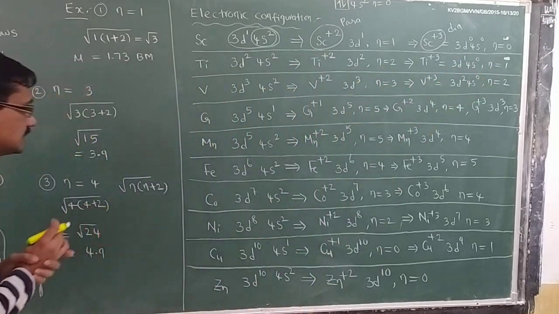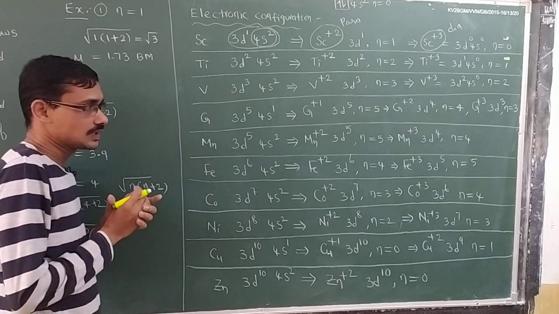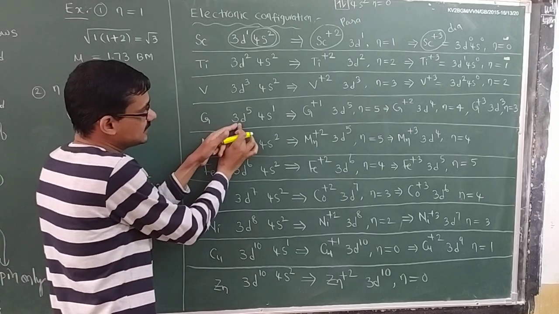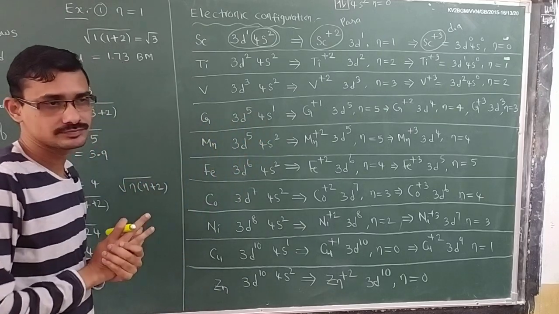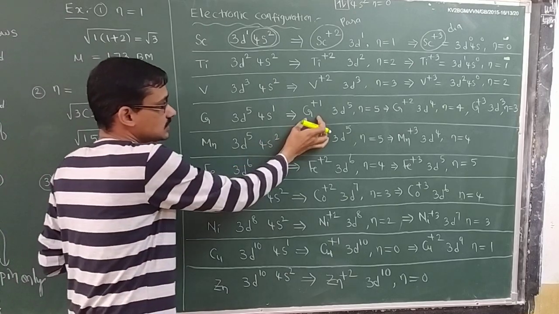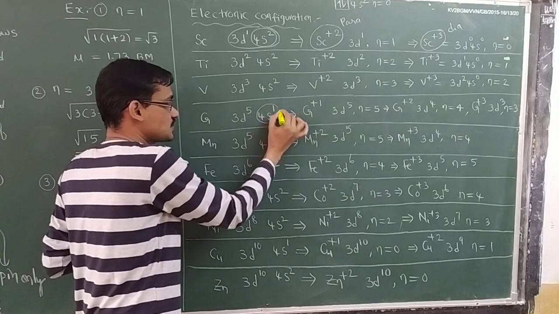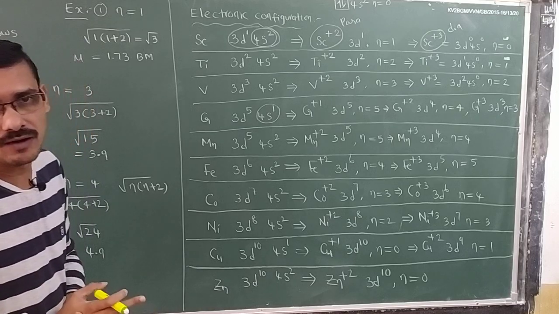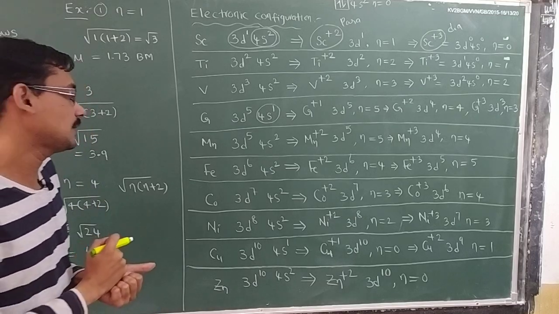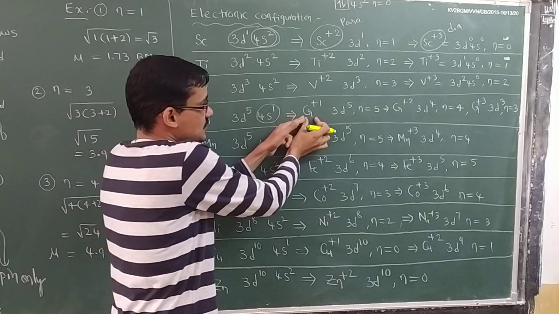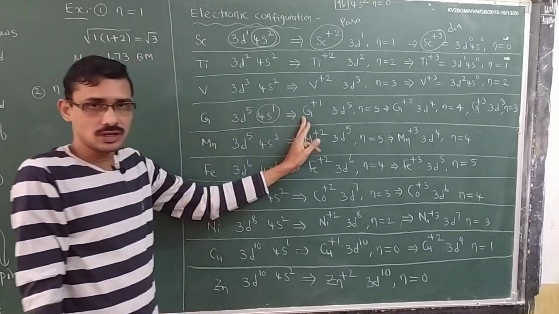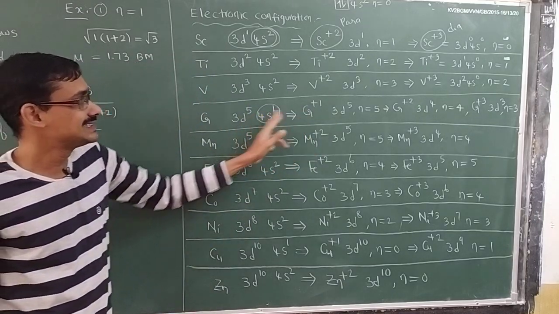We will take one more here, chromium. The chromium configuration will be 3d5, 4s1. Now, for chromium plus 1, we have to remove this electron. First, we need to remove from 4s, after that from the 3d orbital. Chromium plus 1 loses 1 from the 4s orbital, remaining will be 3d5.